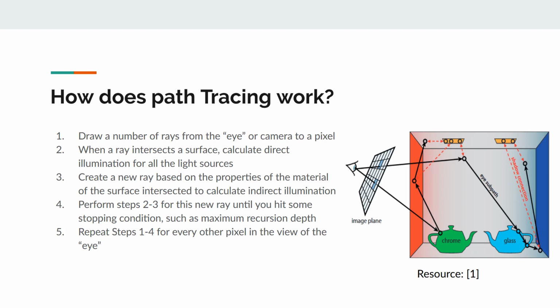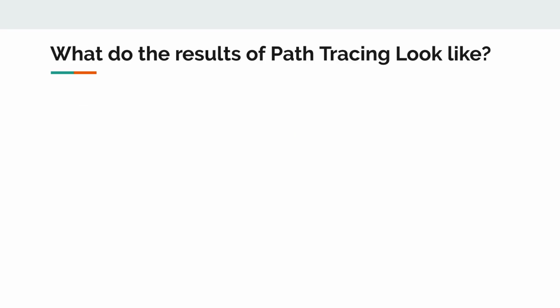After we've gone through and done all these rays that bounce off of these surfaces, we have completed the lighting for that pixel, and we can now move on to the next pixel and do that for every other pixel in the view of our eye. As you can tell, this gets pretty expensive pretty quick, as we're having to make millions of calculations just to render a simple scene. We've seen how path tracing works, but what do the results of path tracing look like?